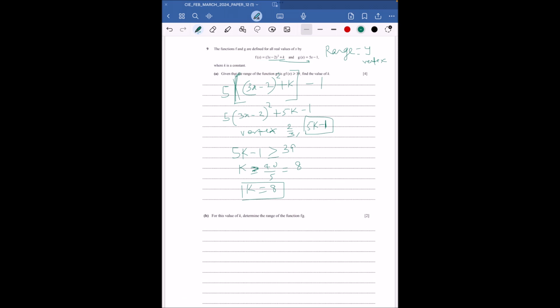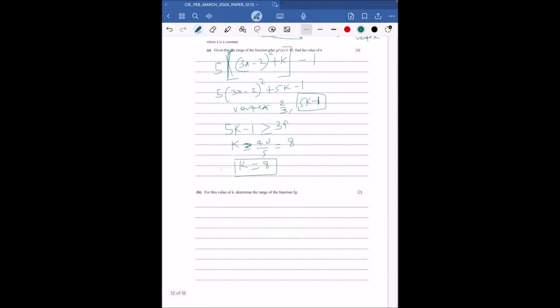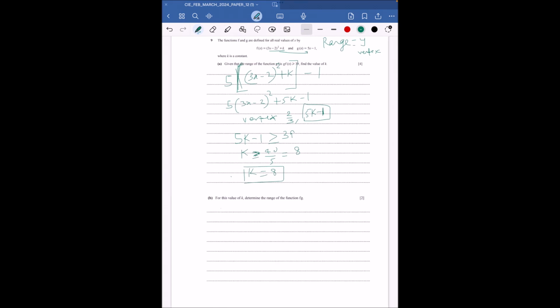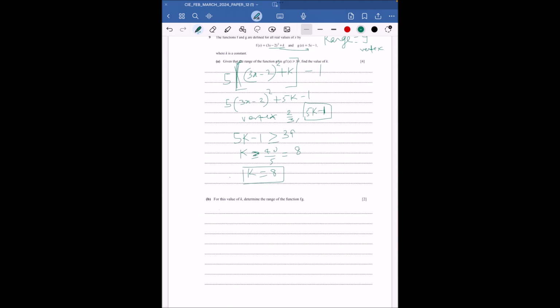Okay. Now for this value of k, determine the range of fg of x. So whatever, even if you fail this, you still get this carry forward. 2 marks for this value of k. To put g in f.